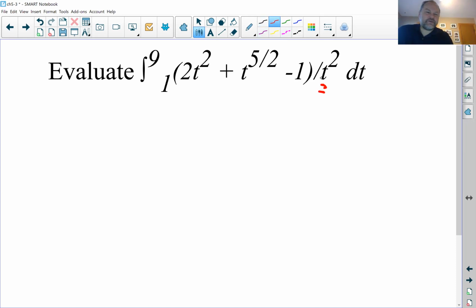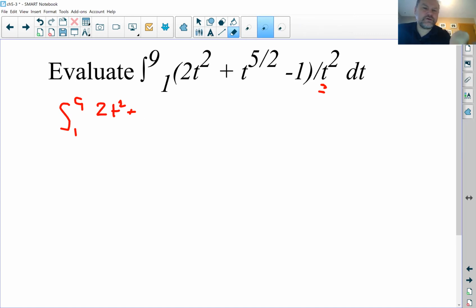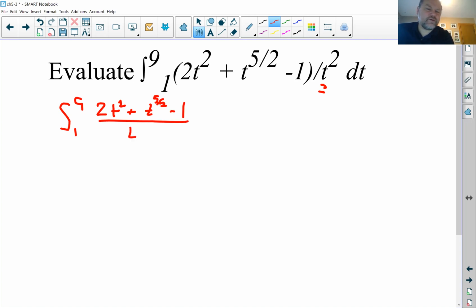So evaluate the integral from 1 to 9 of 2t squared plus t to the 5 halves minus 1, all over t squared, dt.